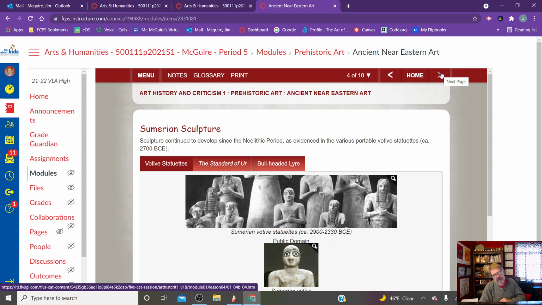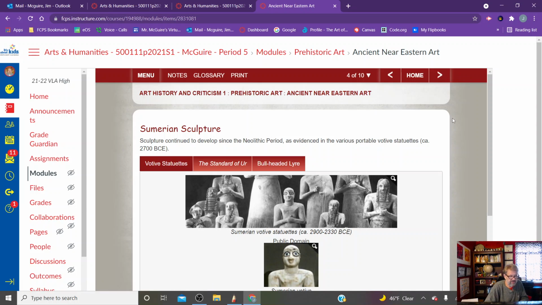When we look at the evolution of art, specifically as we look through the early Eastern, the Egyptian, even the Greek and the Roman and so forth, you're going to look for those progressions in sculpture, and sort of this is that building block.